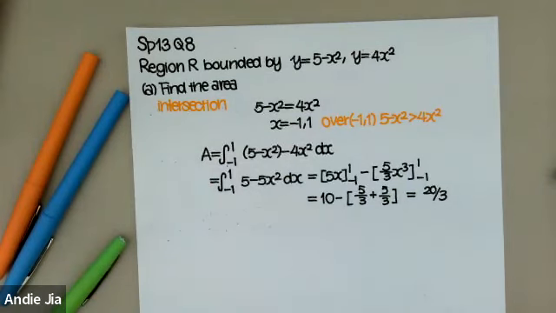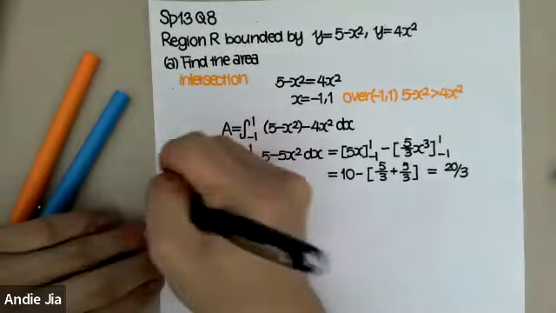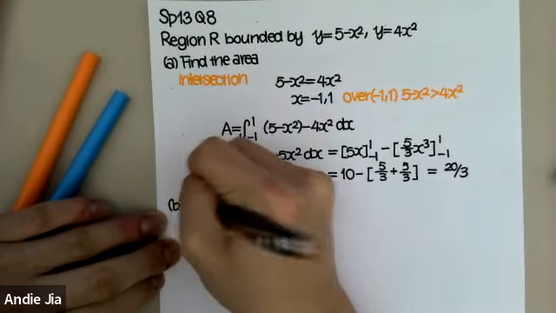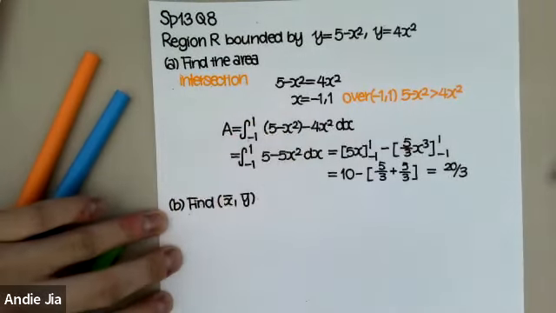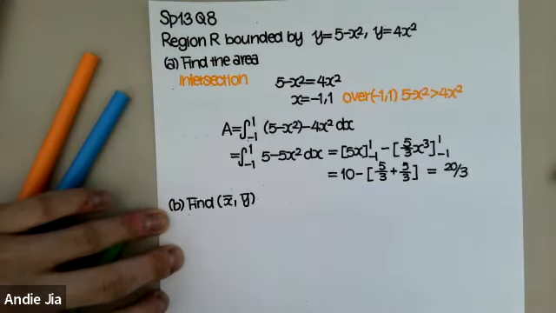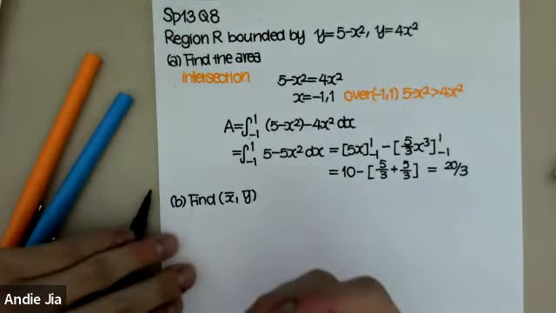And once we have the area, find its center of mass, the x bar and the y bar. We have a region, then x bar is just for a region bounded.